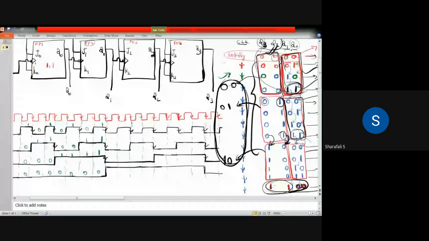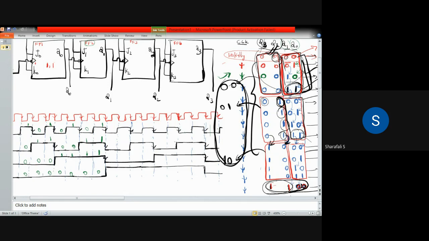The toggling in the mode 3 counter will happen only once the mode 4 has gone through all these values for one clock pulse. If you are considering one clock pulse of this mode 4, then it has to go through all these values. Then the Q2 value will toggle, as you can see from here. Q2 value toggles from 0 to 1.